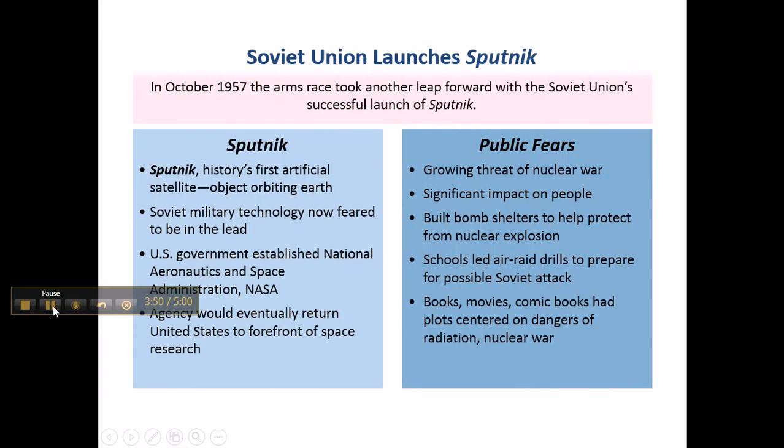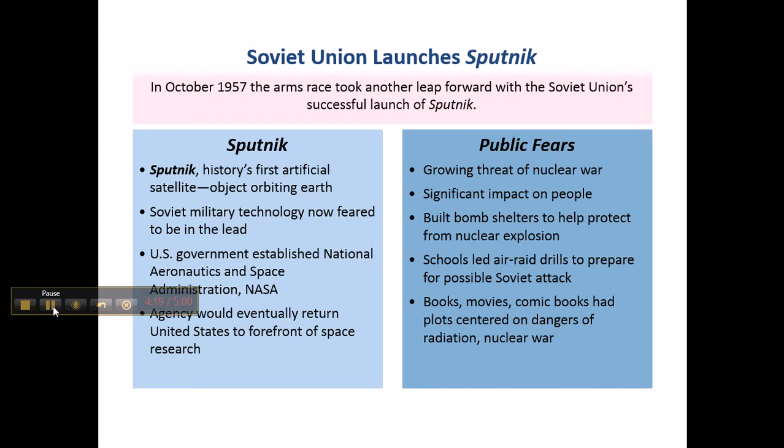As we talked about also, this Cold War is not just a war or a conflict, it's also a technological race. With this, we get the space race. The Russians will take the lead in the space race with the launching of Sputnik, which is history's first artificial satellite. But think, if you can put a nuclear weapon on a missile, if you can put a person into space or a satellite, you can also put a nuclear weapon on top of the rocket.